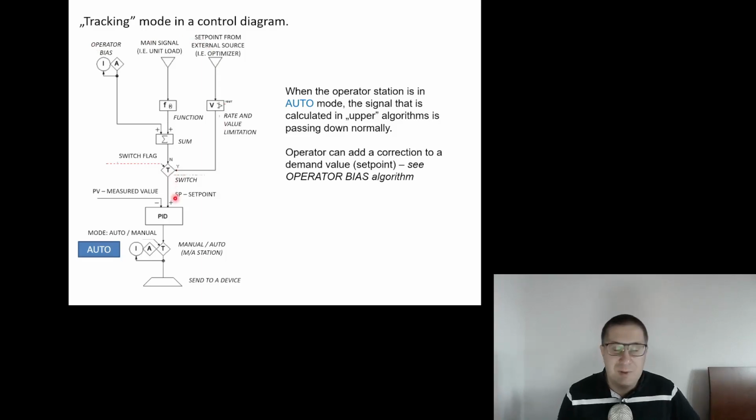It should be a bumpless transition. We should start in a process state where the operator has finished his manual mode, let's say.